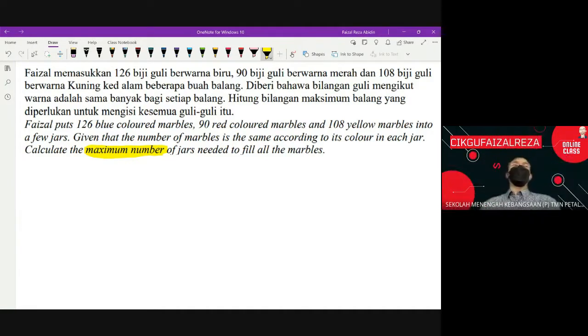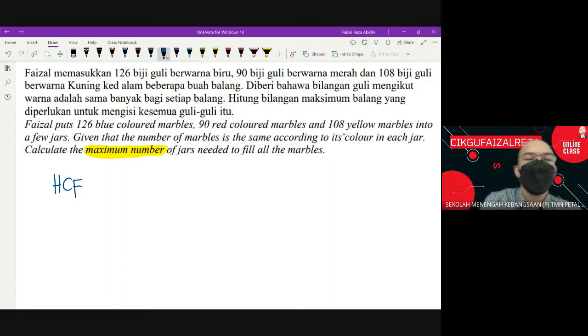What method should we use? It's called, it's called highest common factor. So for this one, I'm going to have what?